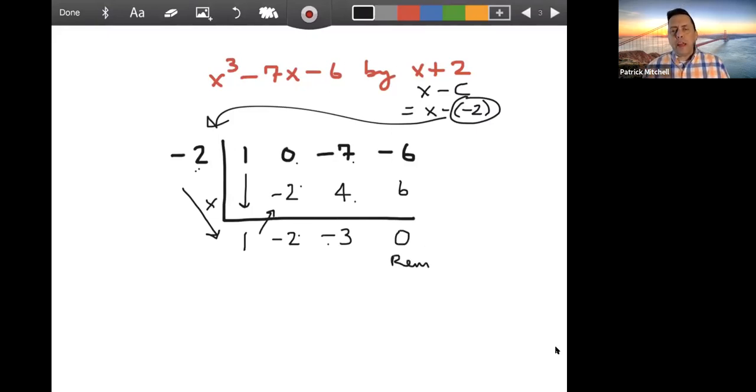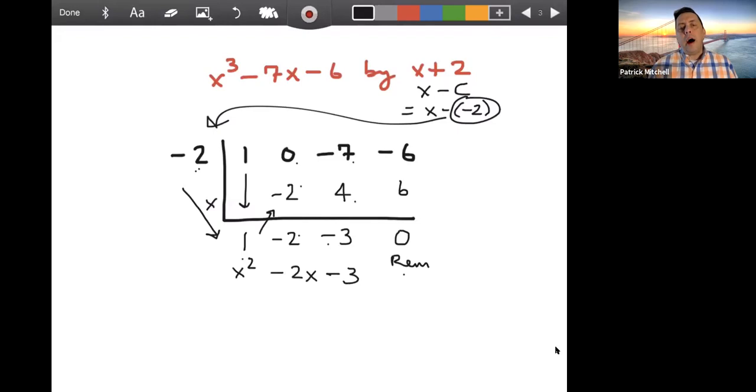And you can either think of the quotient the way they said, that this is the leading coefficient of the quotient, and it has degree 1 less than the degree of the dividend, so that means x squared. Or the way I like to think of it is just read it from right to left. This is your remainder, this is your constant term, this is your x term, this is your x squared term.